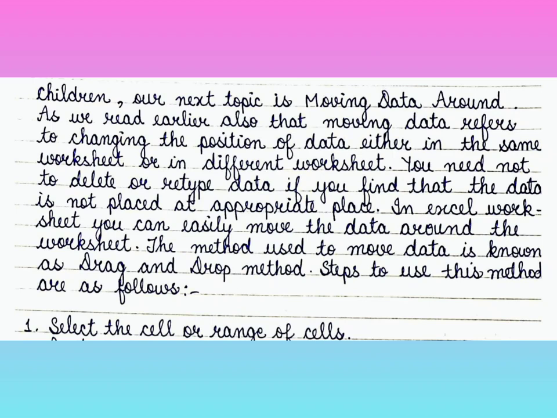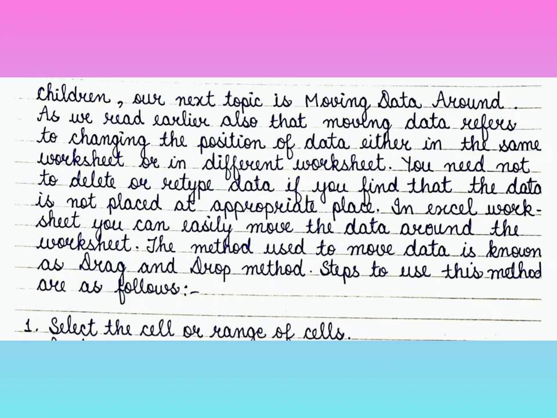You need not delete or retype data if you find that the data is not placed at an appropriate place. In an Excel worksheet, you can easily move the data around the worksheet. The method used to move data is known as the drag and drop method.